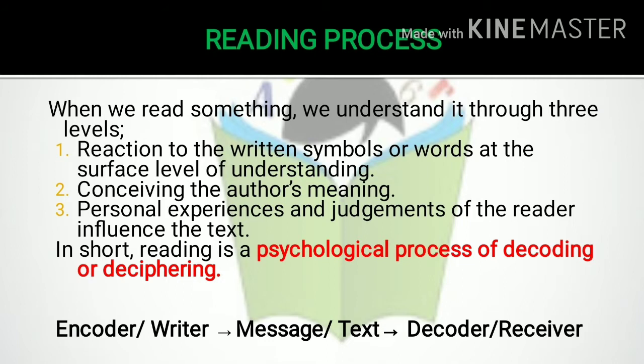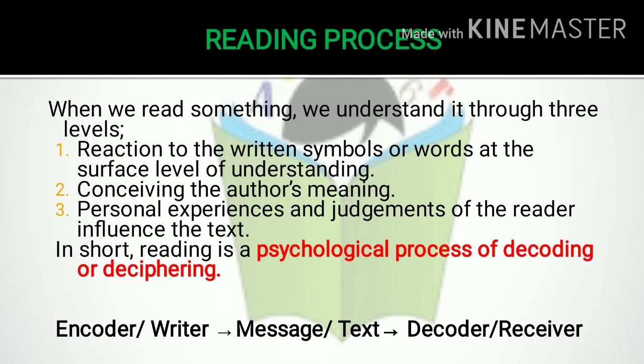What are the three levels? The first one is reaction to the written symbols or words at the surface level of understanding. We first go through the symbols that represent certain words or letters. That is the first level of reading.